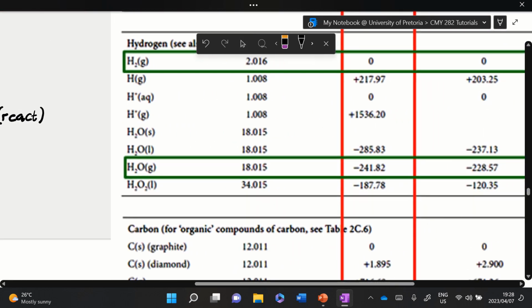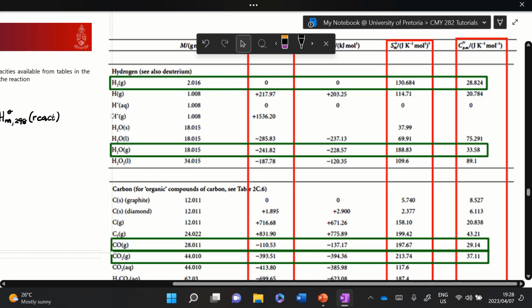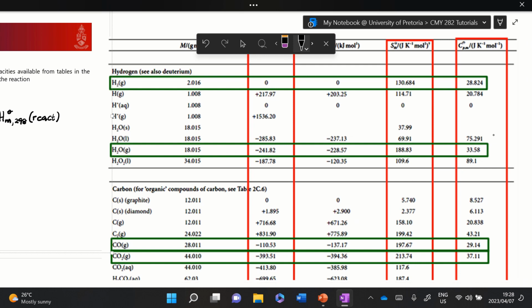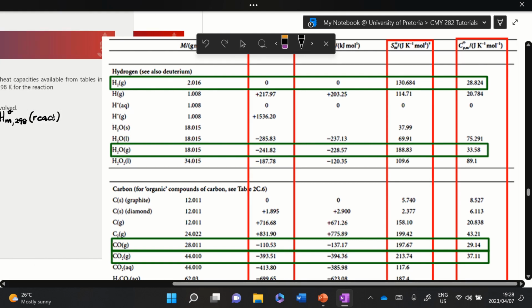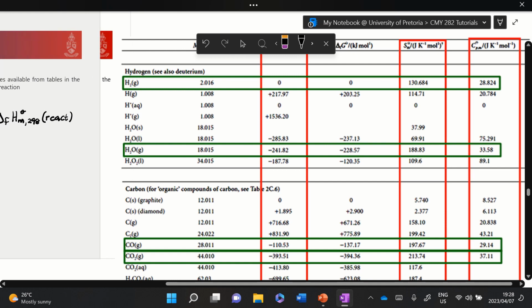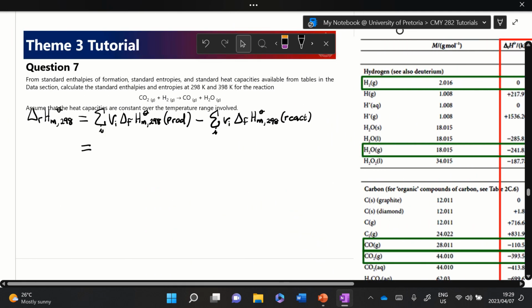So carbon monoxide is minus 110, water is minus 241, hydrogen is 0, and carbon dioxide is minus 393.